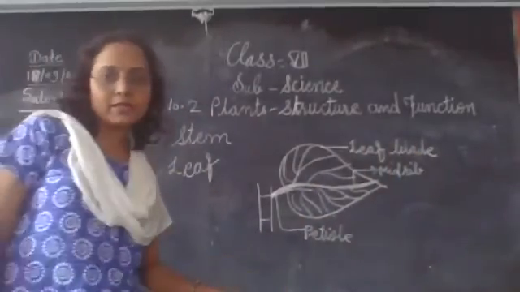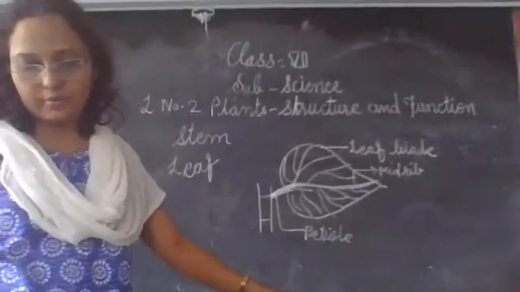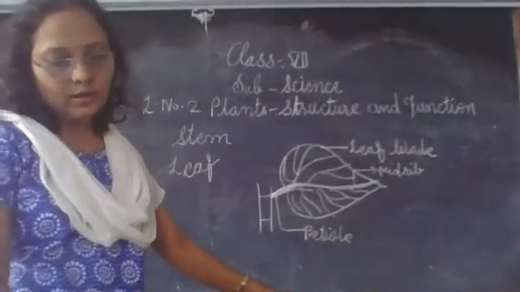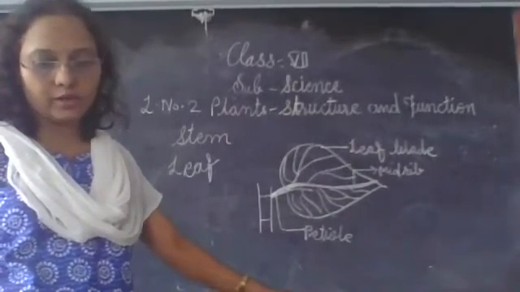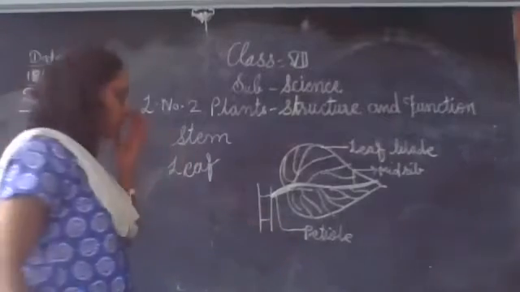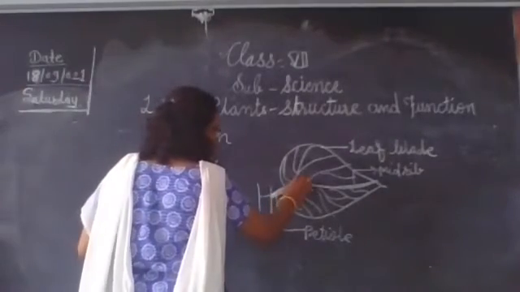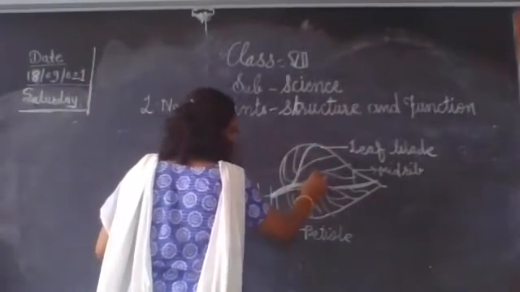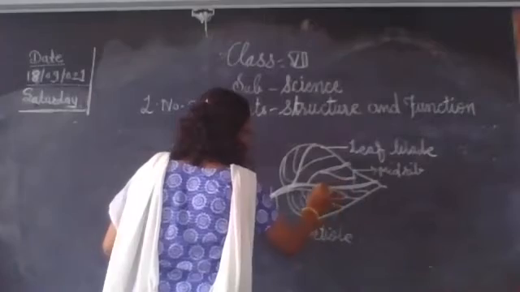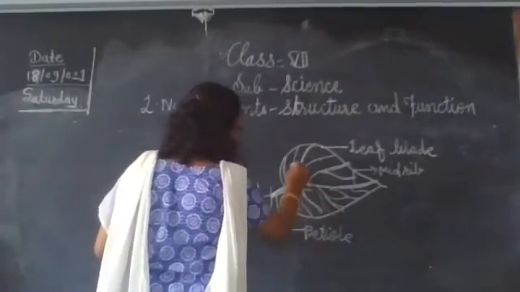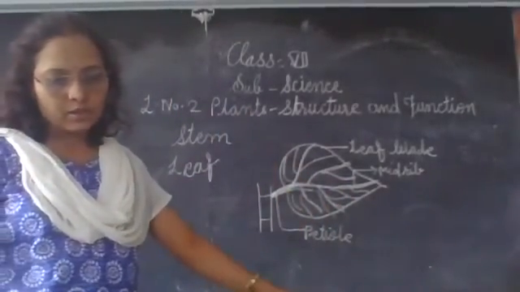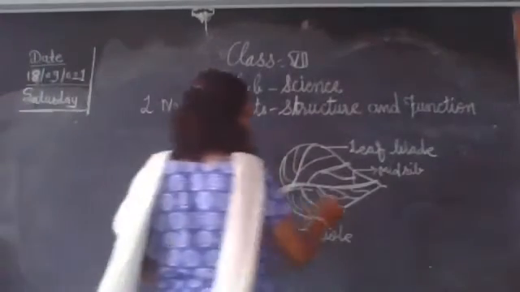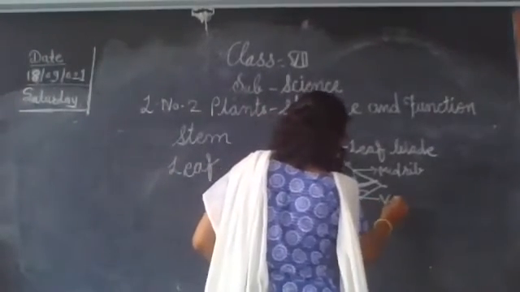The midrib branches out to form a network of veins. So this midrib, these are the subveins. This whole network-like structure is called veins.